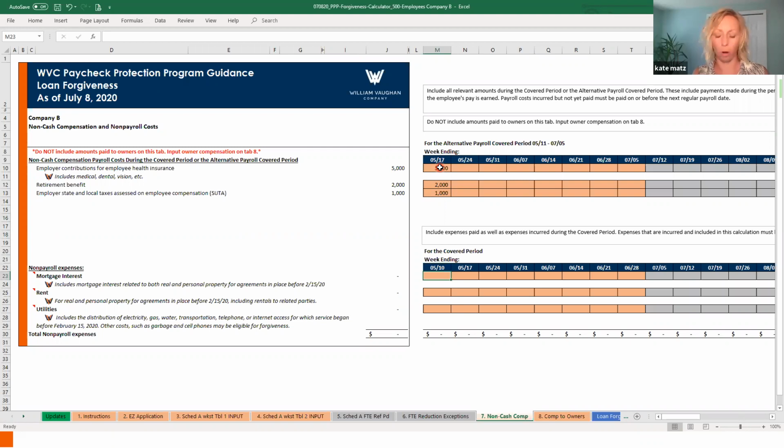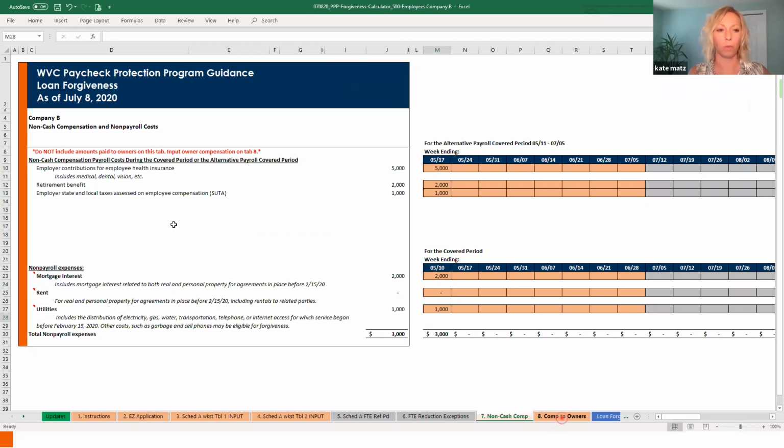Move on down to mortgage interest, and let's assume that they've got $2,000 of mortgage interest, no rent, and $1,000 of utilities for the period.